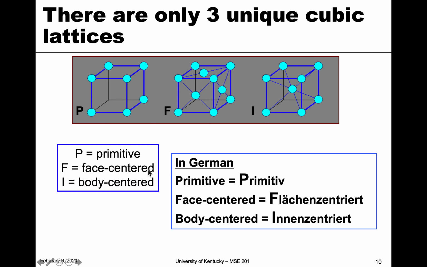These are the cubic lattices, and there are only 3 unique cubic lattices. We have the primitive, which we've sometimes called the simple cubic.